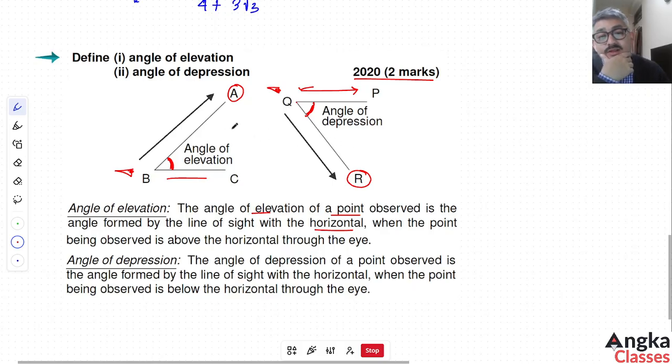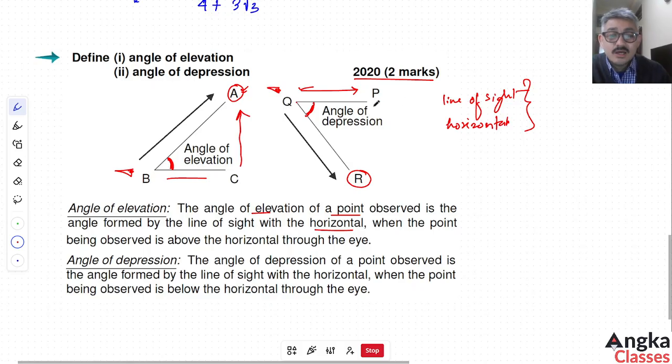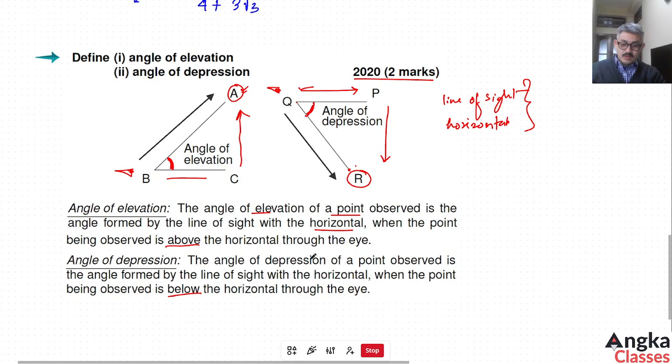The line of sight is common to both, and the angle formed with the horizontal is the same kind of angle. However, the difference is that for point A the angle of elevation is above the horizontal, whereas for point R the angle of depression is below the horizontal line. This is the only difference: above the horizontal through the eye for elevation, and below the horizontal through the eye for depression.